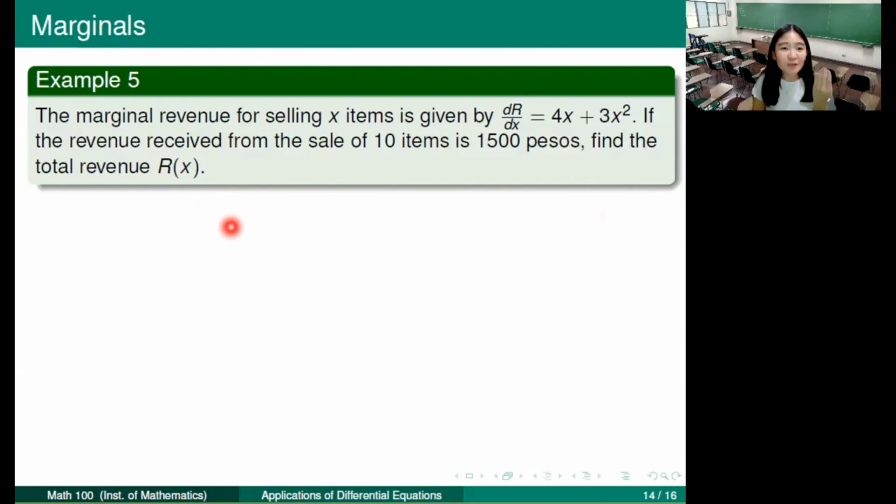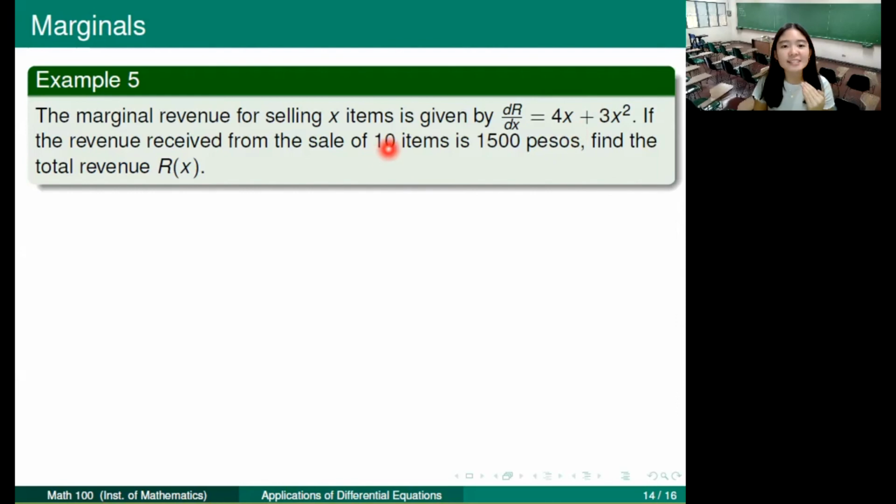So medyo straightforward naman actually ang ating problem. Binigay sa atin ang ating marginal revenue for any arbitrary X number of items produced. Okay, and pinapahanap si total revenue. Kayang-kaya. This is just basically solving a DE, no? Binigay na actually in fact yung ating DE dito straight away. Okay?